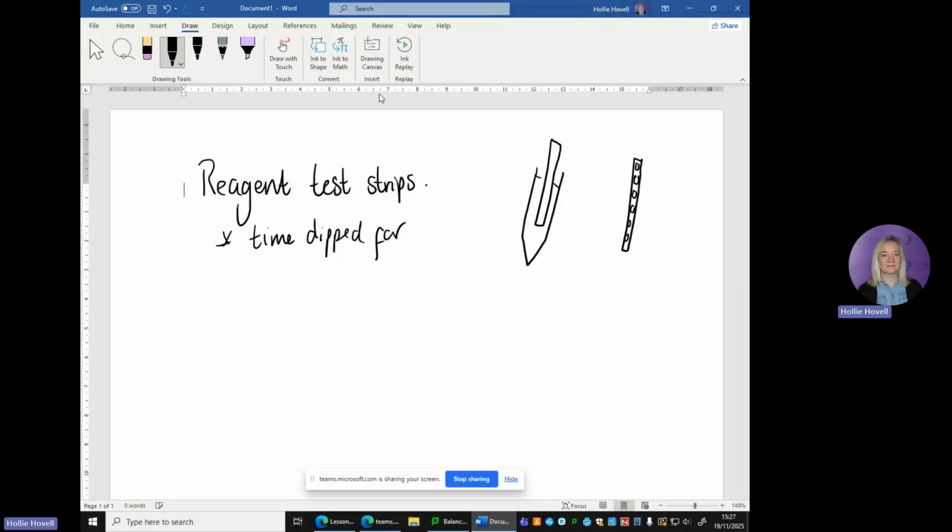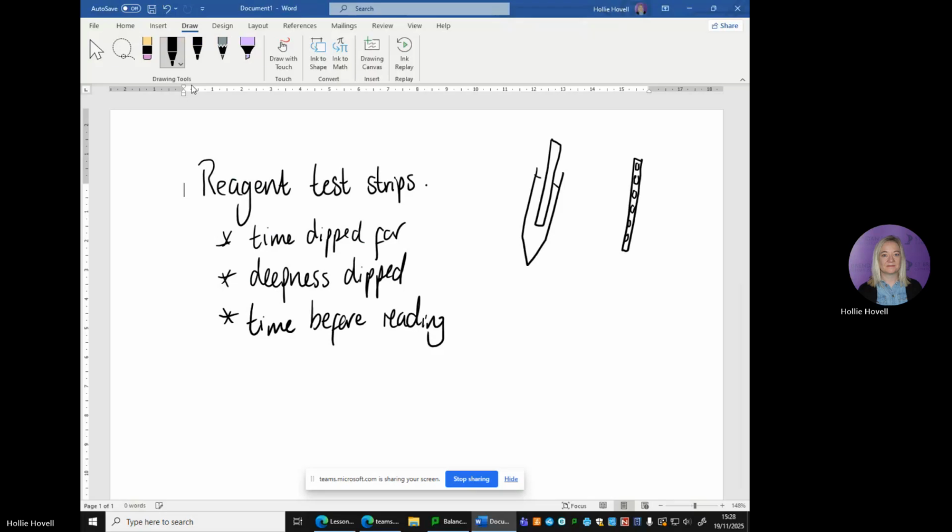The second thing could be how deep did you dip it in? Can we write deepness? And then the time before we read the colours, and then comparing to the colour chart.